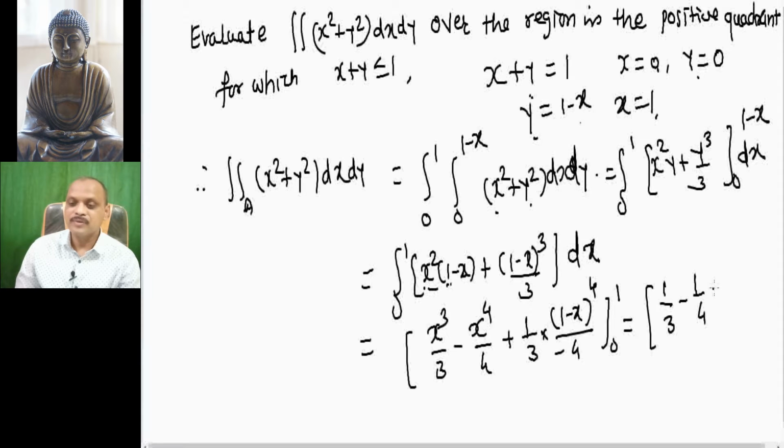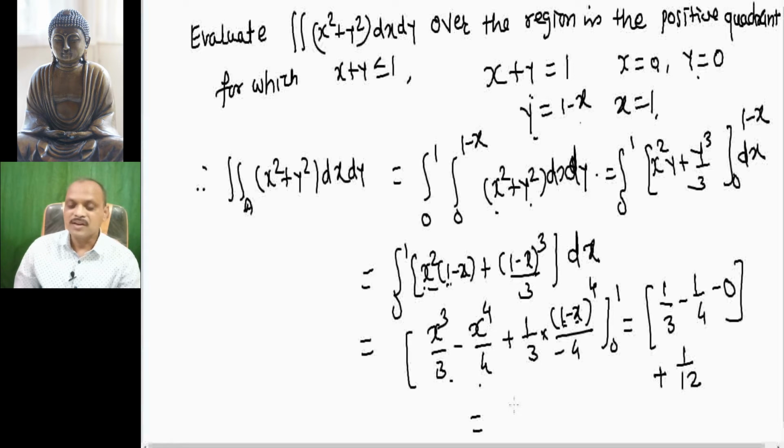Substituting the upper limit: 1 by 3 minus 1 by 4 minus, at the upper limit 1 minus 1 will be 0. At the lower limit, x equal to 0, this is minus and minus become plus, so 1 divided by 12.